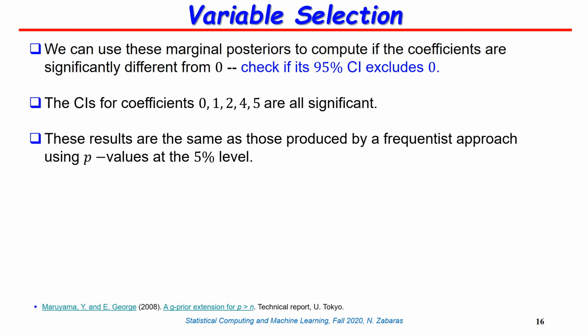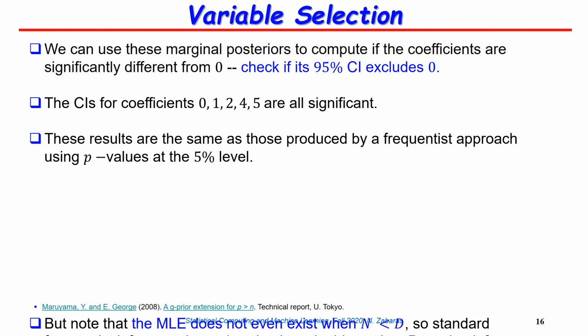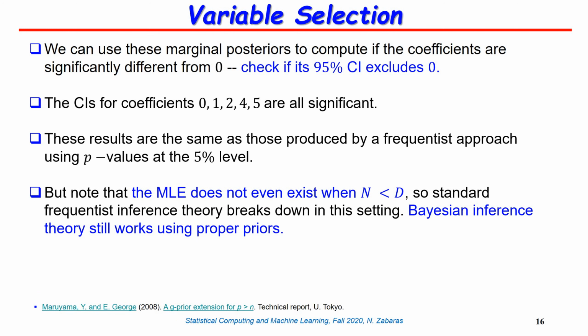But let me close by saying something that frequentist statisticians often don't tell you about this. The MLE doesn't exist if the number of data points n is less than the dimension d of your problem. So if n is less than d, effectively the MLE doesn't even exist.